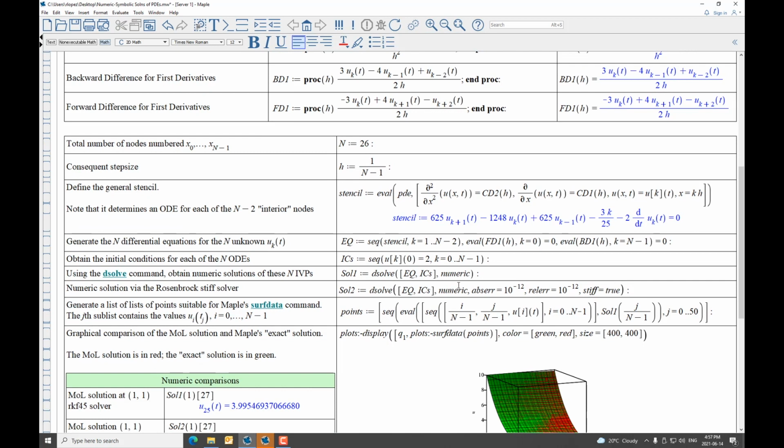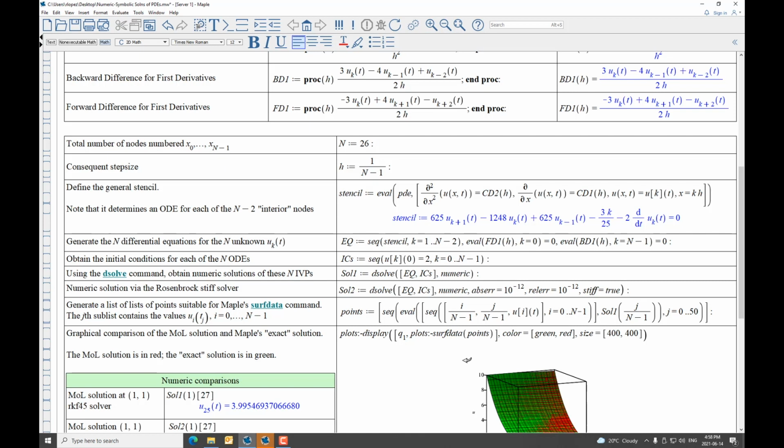Now, how do you extract the information and present it in a way that you can make use of it? Well, one way is to create points. So this is the x coordinate of a point. This is the y or t coordinate of the point. And this is the u value at that point.